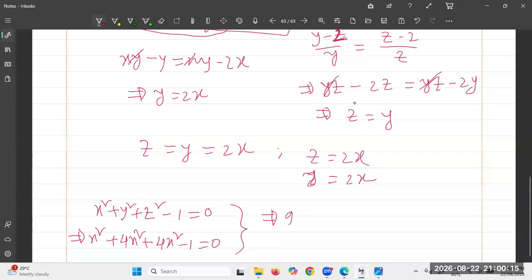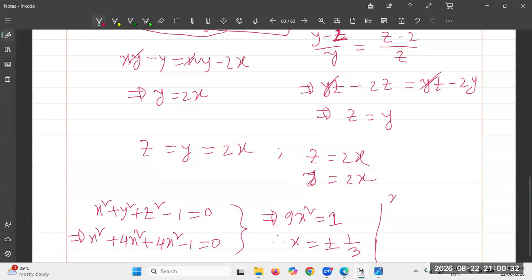So we have 9x square equal to 1. So x value is plus minus 1 divided by 3.